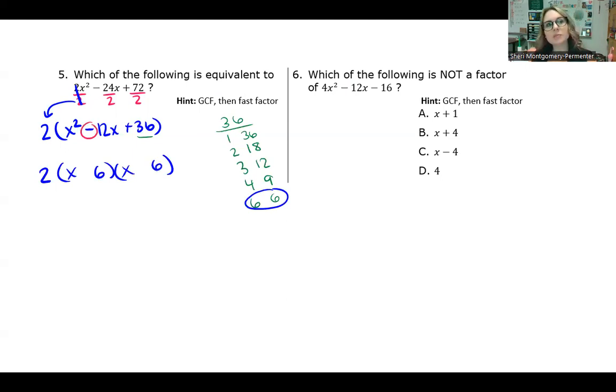So the middle term is negative, so the bigger number has to be negative. Which one is the bigger number? They're both the same number. That means they are both negative. There is another way to write something when it's exactly the same. You can write it one time with an exponent.